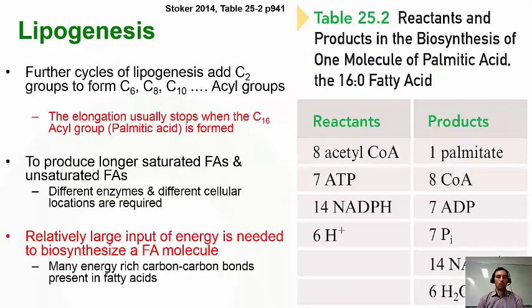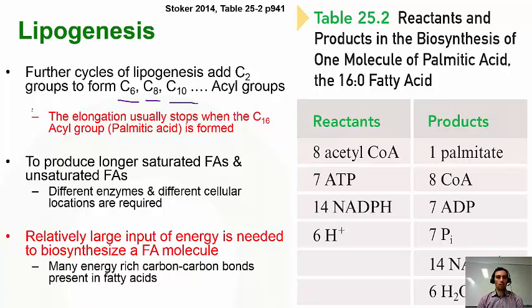Alright, so each lipogenesis cycle is setting us up for the next cycle where we can add another 2 carbons. So for example, we saw that first lipogenesis cycle produced a 4 carbon compound, the butyryl ACP. So if we do the next cycle, then we increase it by 2, so we get up to 6, and the next cycle after that would be 8, and then 10, and so on.